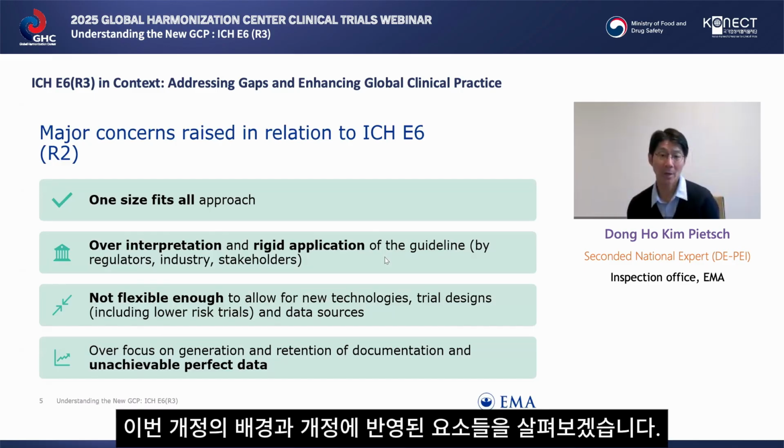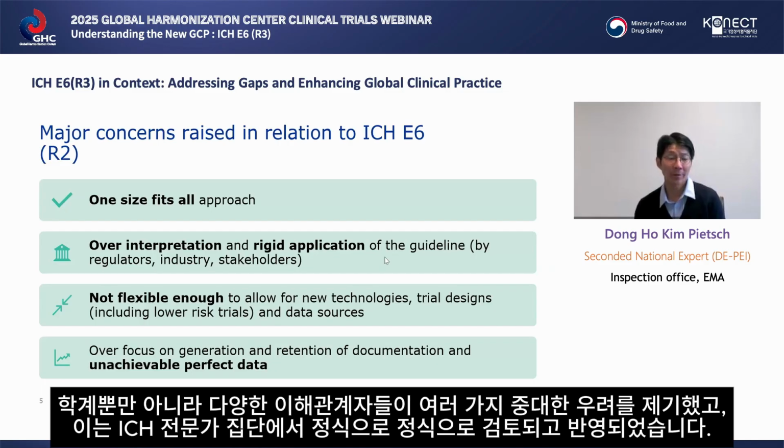Also, what triggered or was taken into account in this rewrite? Major concerns were raised by academic stakeholders, but also by all other interested parties, which were then taken into due account by the appointed ICH expert working group.